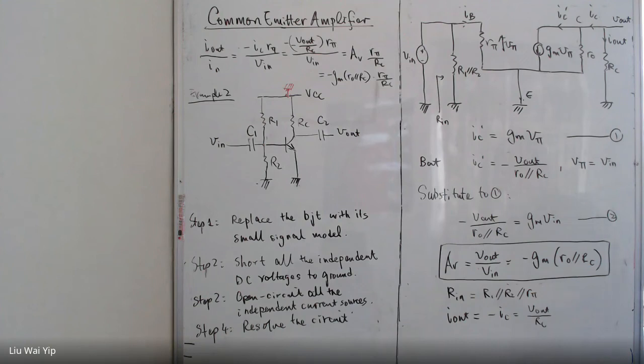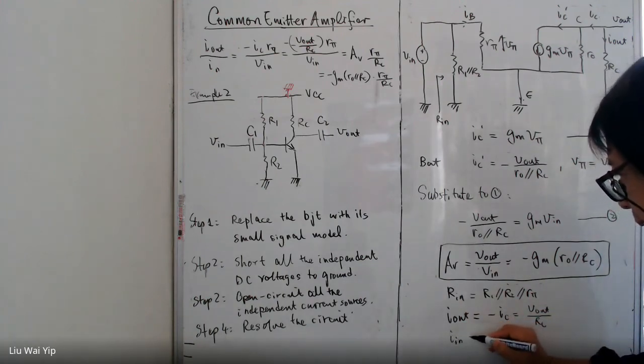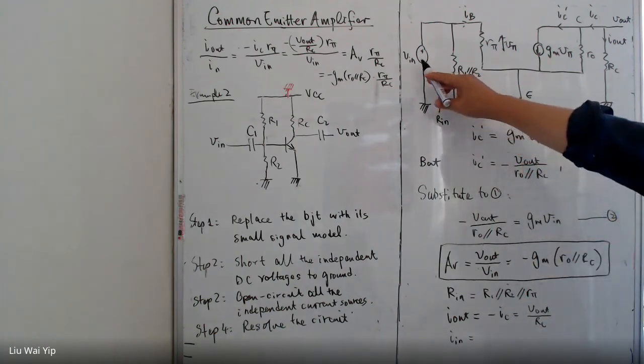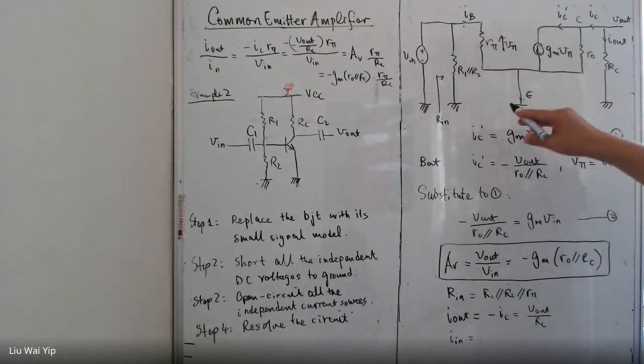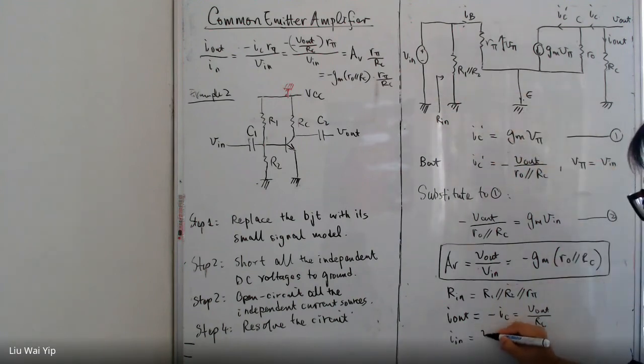The next step is to find I in. We can see I in is the voltage V in divided by the total resistance, R in. So V in divided by R in, and V in will remain.